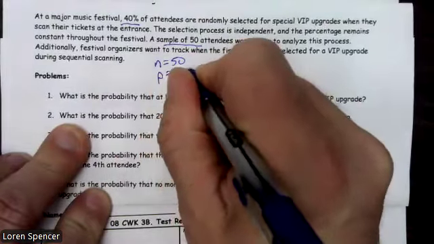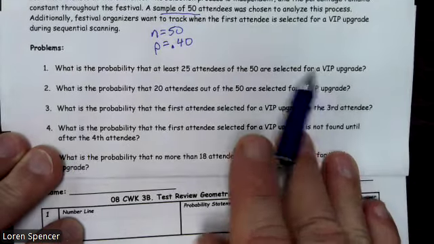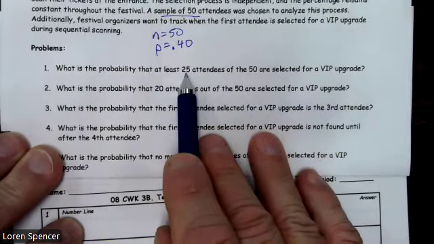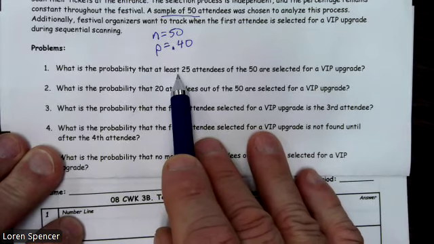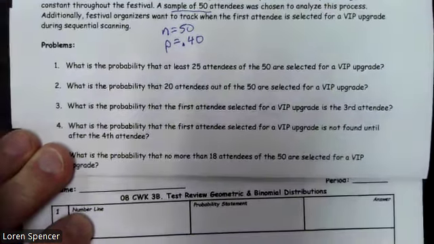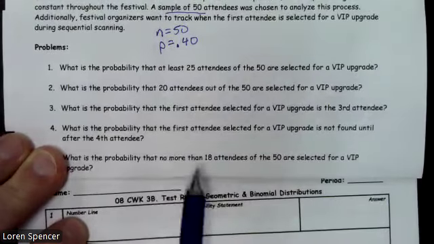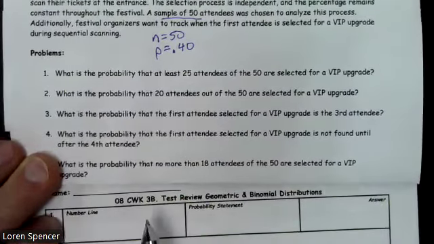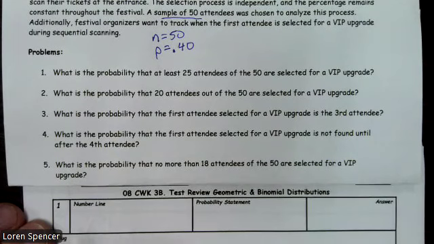So what is the probability that at least 25 attendees of the 50 are selected for a VIP upgrade? We're not looking for the first one. We're looking for a specific number, and since we're looking for a specific number and not the first one, this lets me know that this is a binomial, and all binomials start at 0.